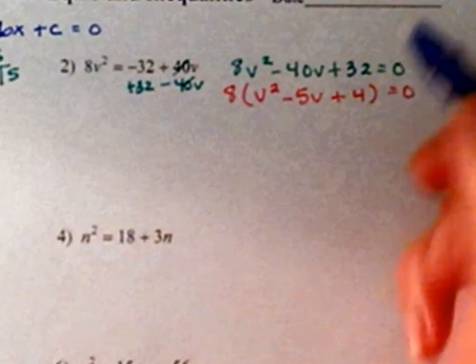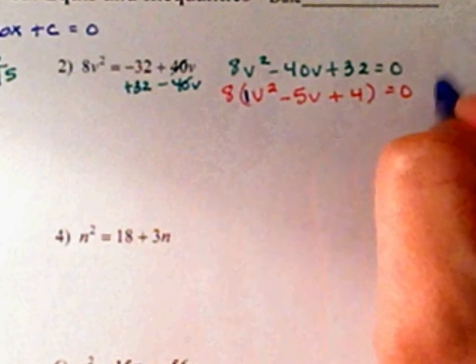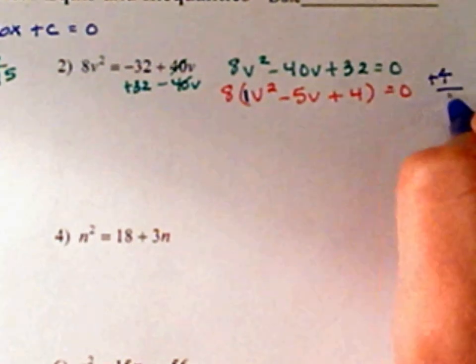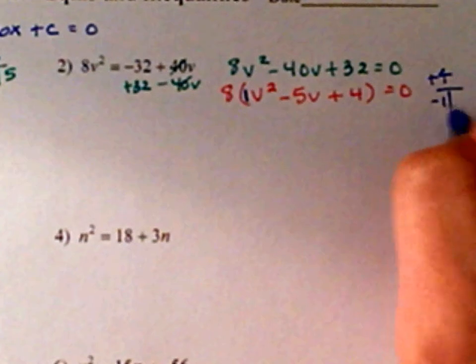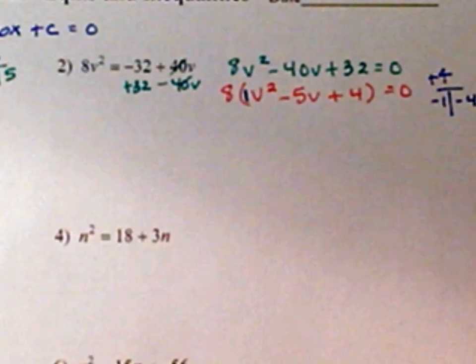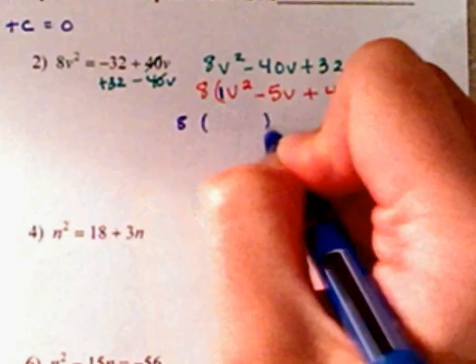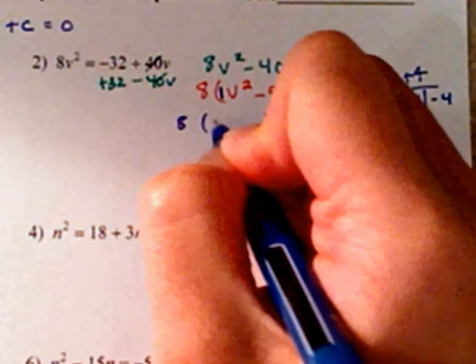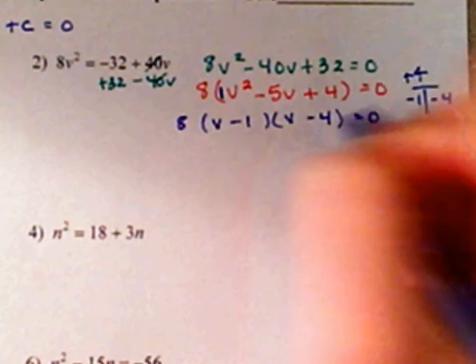Next step, it says by factoring. So there's a 1 here. So 1 times 4 is positive 4. What two numbers multiply to give you 4, and add to give you negative 5? Negative 1 and negative 4. So I'll bring down my 8, draw my two sets of parentheses. v and v, minus 1, minus 4.